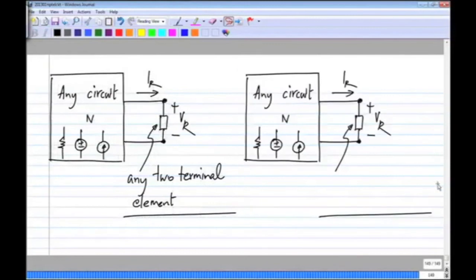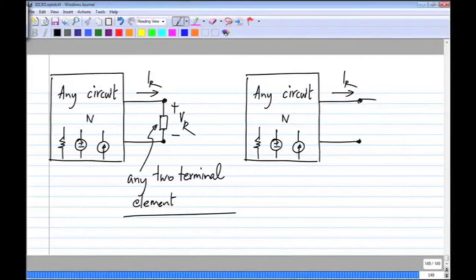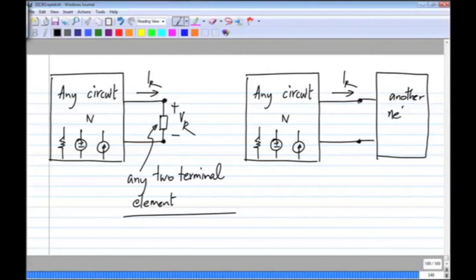Also, when you say any two-terminal element, that itself can be a complicated network with only two terminals exposed. So this could be another network.